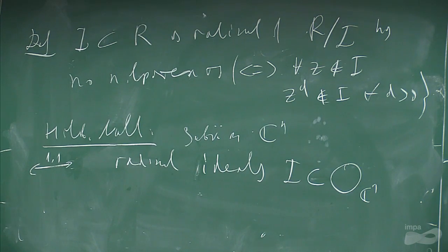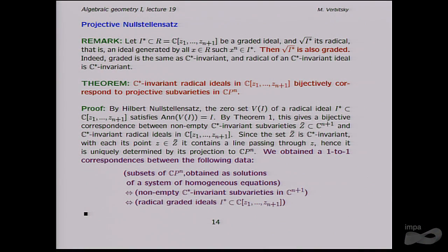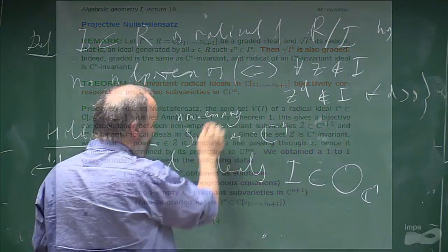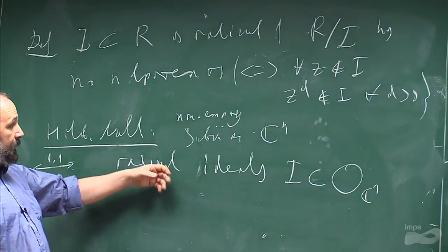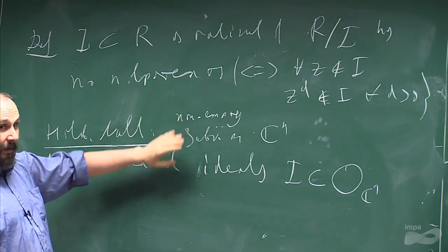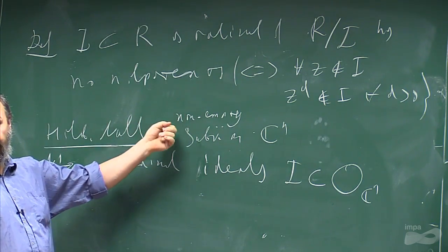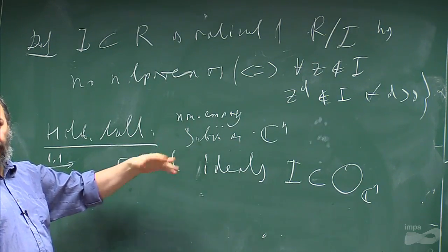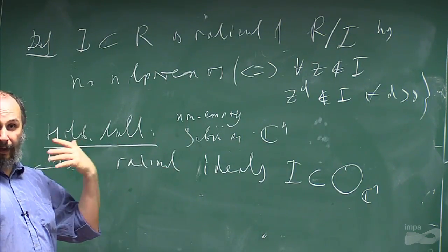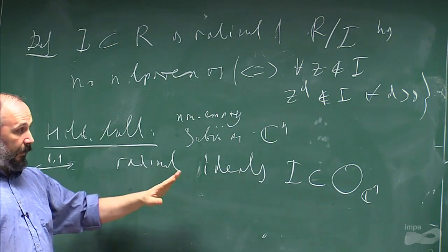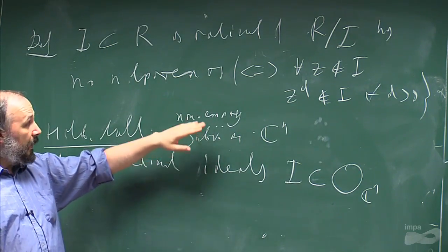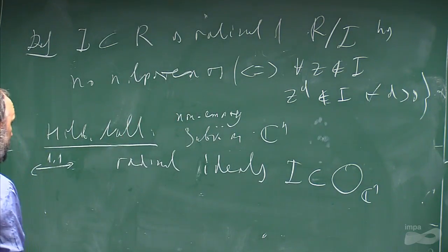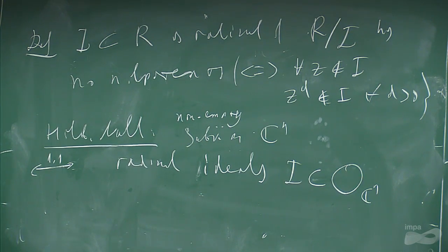In fact, here we really should say non-empty, because if you remember the correspondence, it gives you, from a variety, the set of all functions which vanish on that variety. And for the empty set, it will be everything. And we have a convention that an ideal can't contain unity. So you have non-empty here. But then you don't really need to have non-empty, because, well, you shall see.